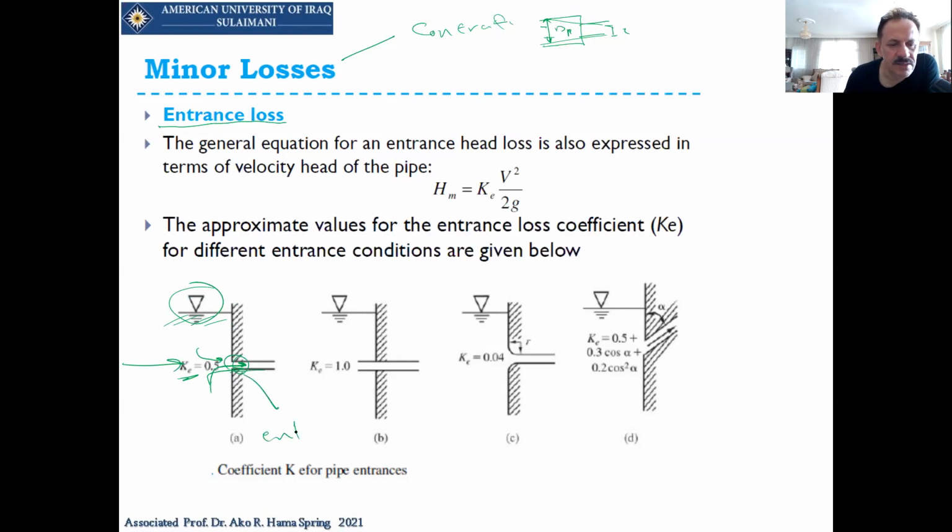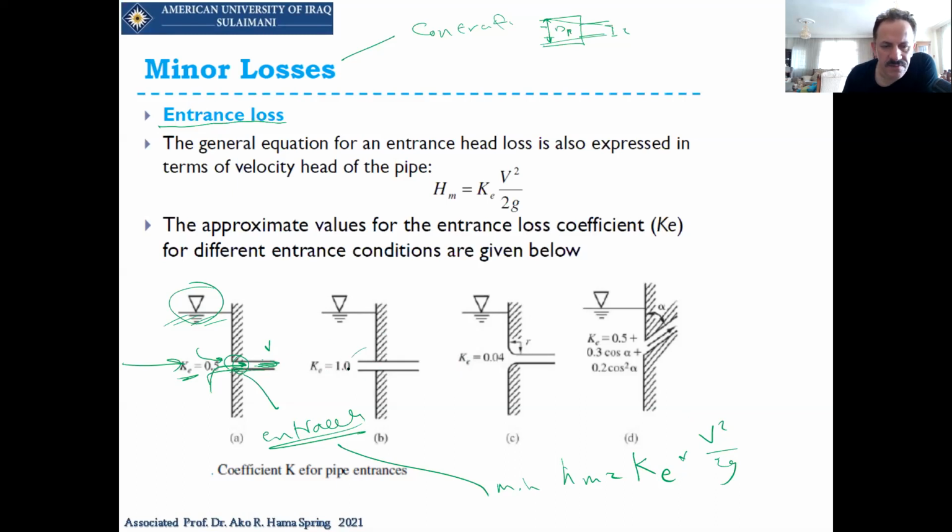So the entrance is also a kind of minor head loss. This minor head loss is equal to the coefficient of entrance times V square over 2g. Which V? The velocity that we have here.